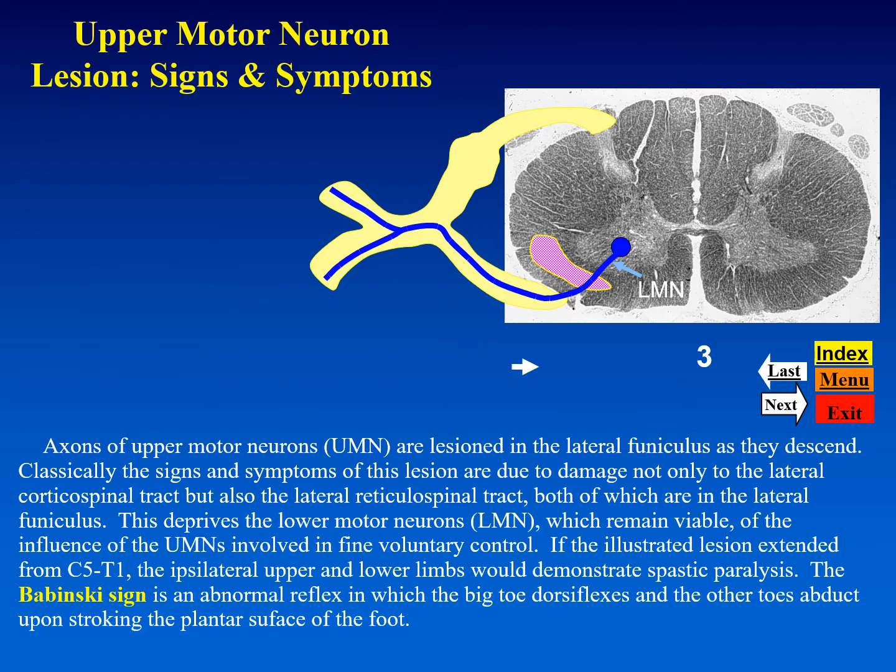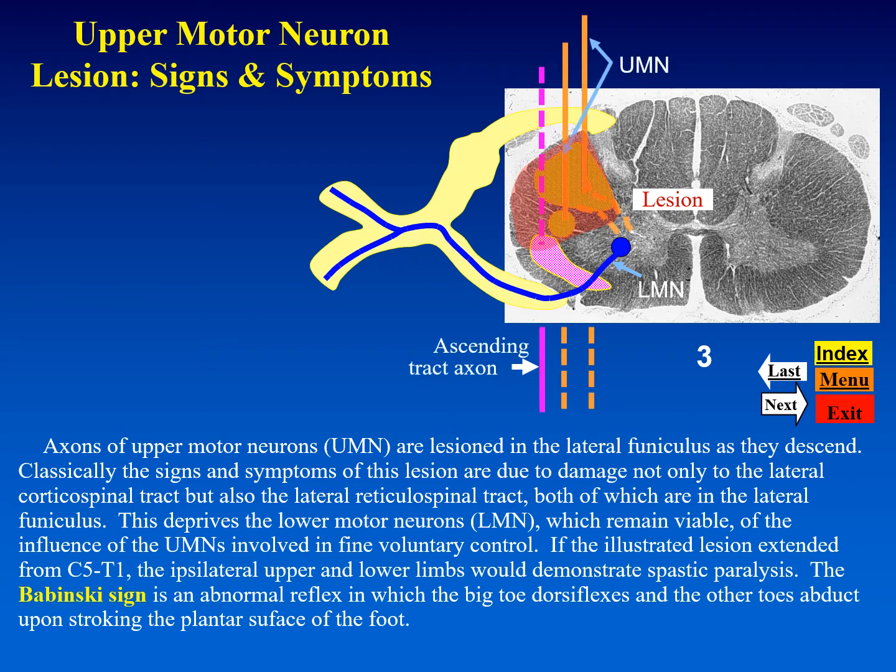So to look at the features of an upper motor neuron lesion, we're using a cervical cord segment here, and the lesion site is in the lateral funiculus. Are there any upper motor neuron bundles in that area? Well, we have two, the lateral corticospinal tract and the lateral reticulospinal tract.